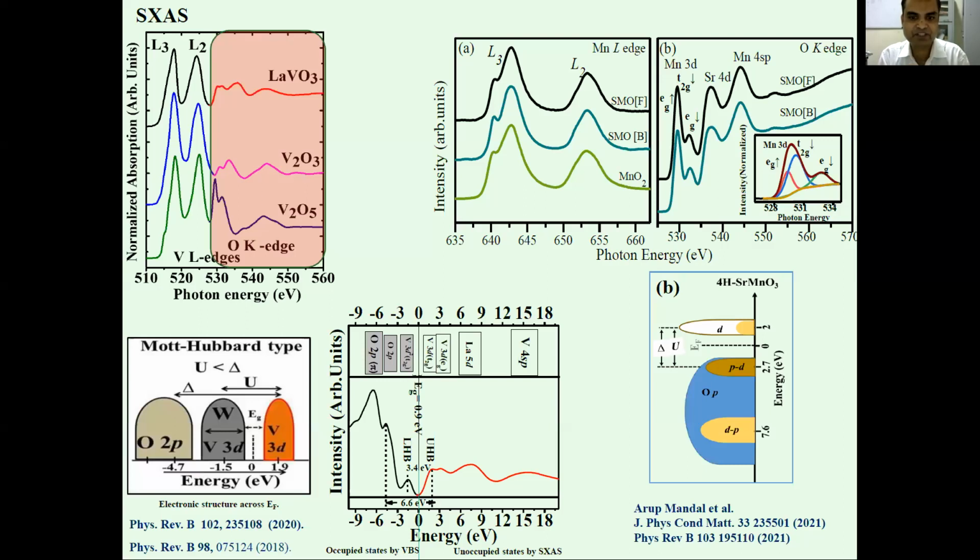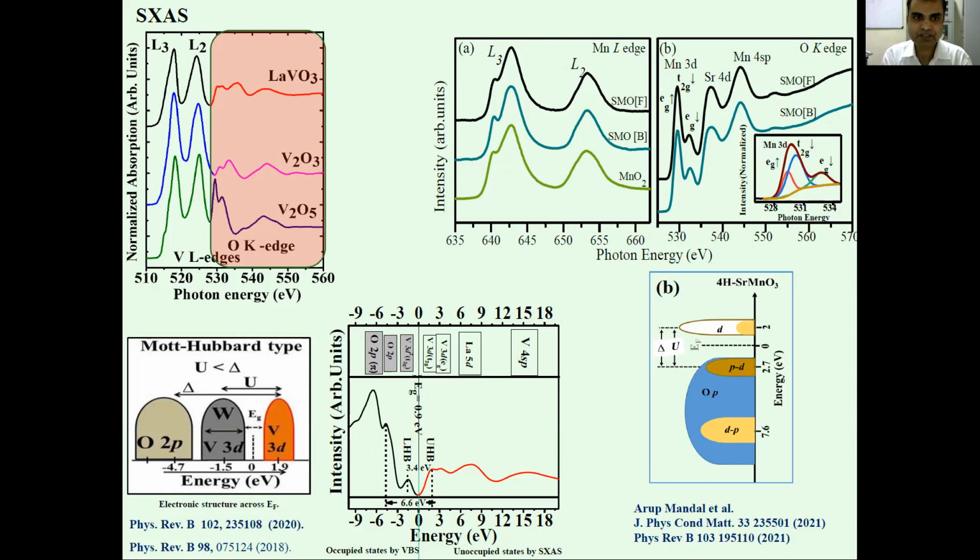So X-ray absorption spectroscopy gives us information about the unoccupied states. If one performs a careful analysis, overcoming the band offset, etc., at these different beamlines, one can get an idea of the complete electronic structure, one below the Fermi level, giving information about the occupied states, and one above the Fermi level, giving information about the unoccupied states. This gives us information about the different types of electronic structure present in a given material.